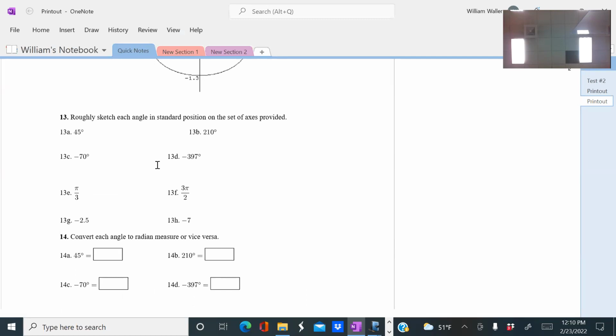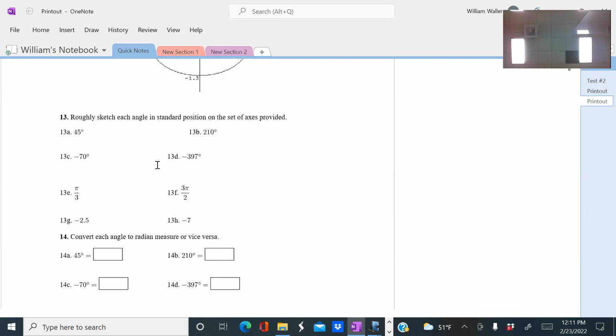Some of those are given in degrees. Some of them are negative. Some are positive. Some are in radians. So try practicing drawing those angles. The only ones that are really tricky are minus 2.5 and minus 7, because those are given in what? Radians. And those are not special angles.